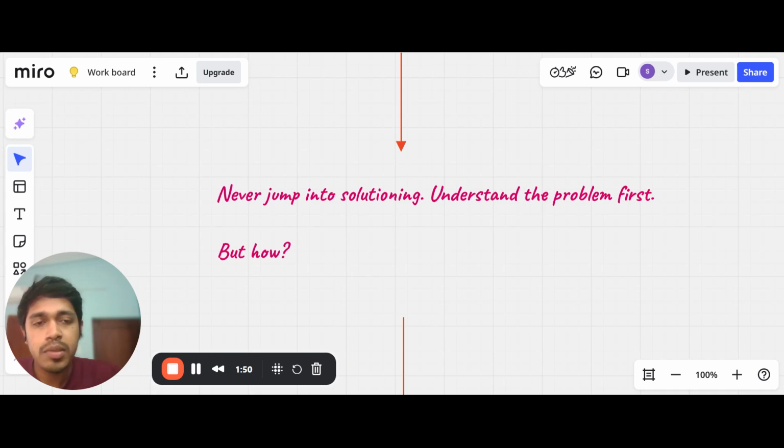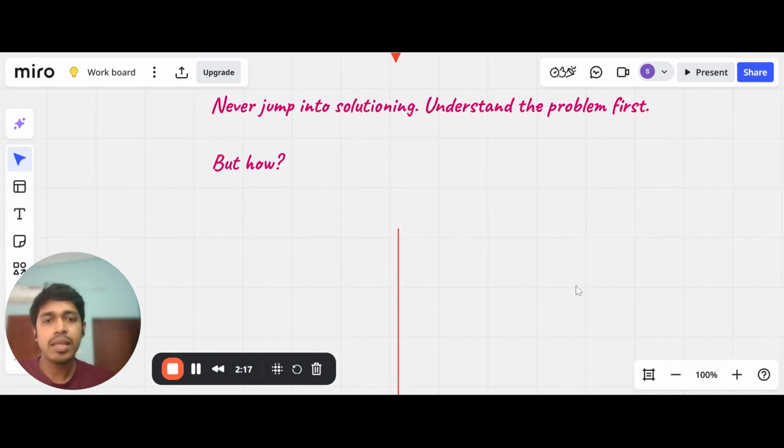Whenever you get a problem statement, you have to first understand the problem and then jump into solutioning, right? Never jump into solutioning directly. But as beginners, we never know how to do that, right? How can we understand the problem first? We know that we have to ask clarifying questions, but around what topic should we ask questions, right? So that is what we are going to discuss.